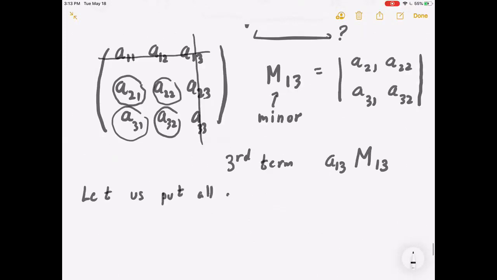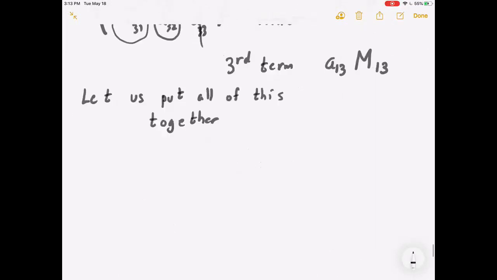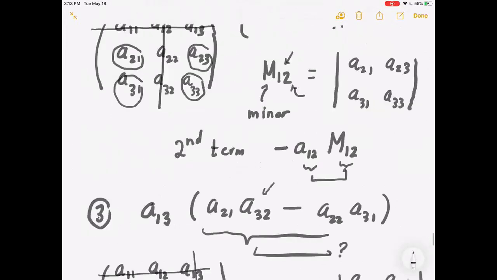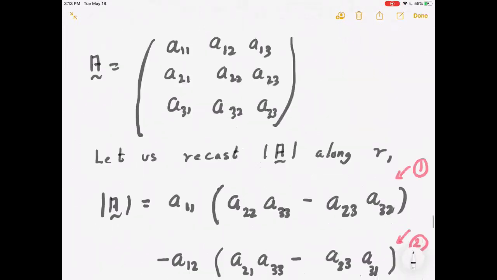So let us put all of this together. What we've discovered is you can write down a new expression for the determinant of the coefficient matrix for the case where it has 3 rows and 3 columns, and for the specific case where we're doing this expansion over the first row.